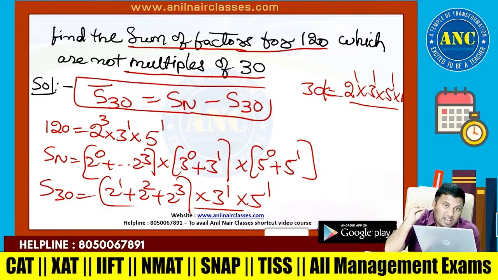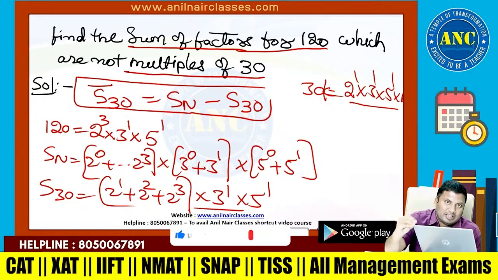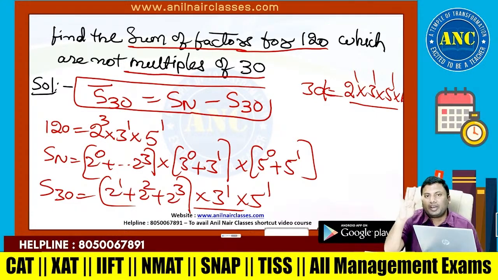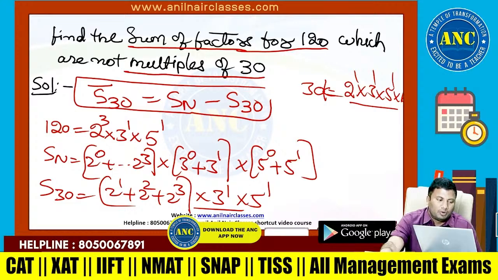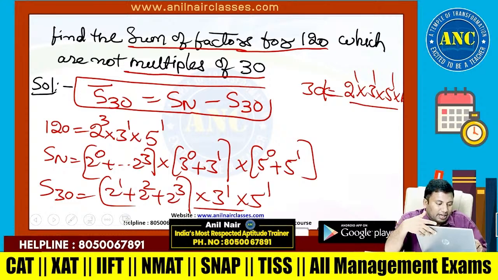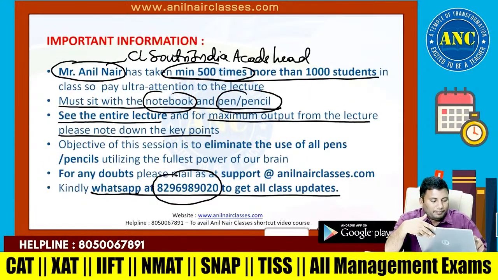Of course, in every class, students who are watching my class from the last few days will vouch for the content. Sum of factors over, reciprocal of the factors over, multiples of k over, not multiples of k over. Key point number 5. Please write down key point number 5.